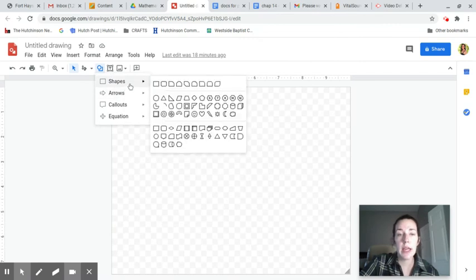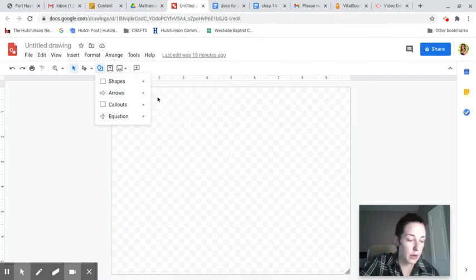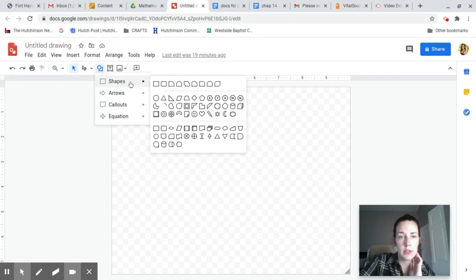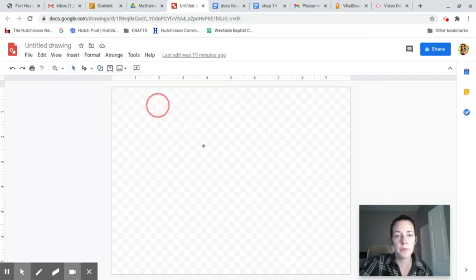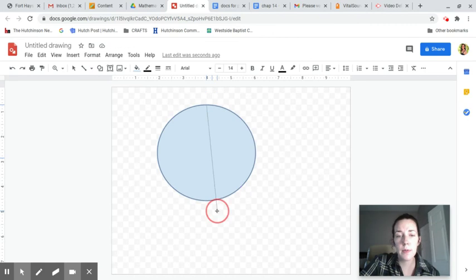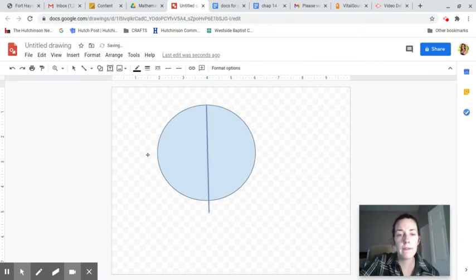So I would go ahead and I would draw a, oops, I'm sorry, I do want to start with a circle. Start with the circle. I would split this up. I would color one part.